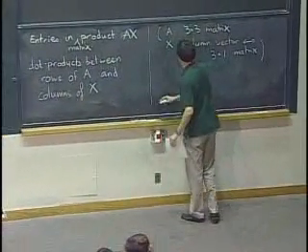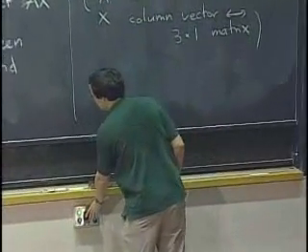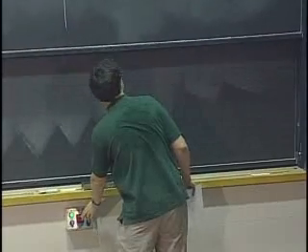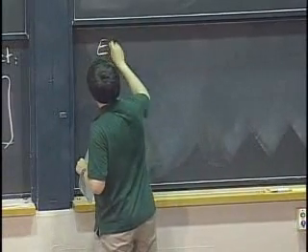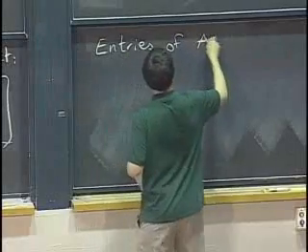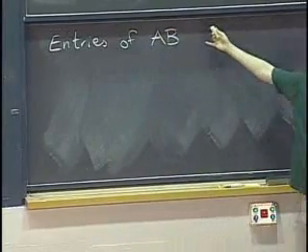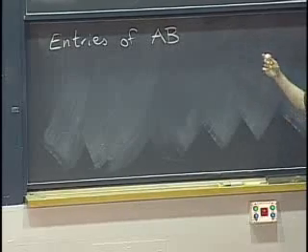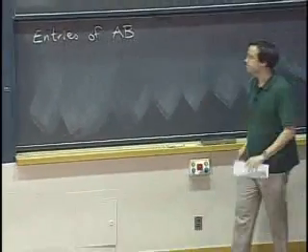So again, let me restate that more generally. If I want to find the entries of a product of 2 matrices, A and B, so I'm saying matrices, but they could be, of course, vectors, which are now a special case of matrices, just by taking a matrix of width 1.